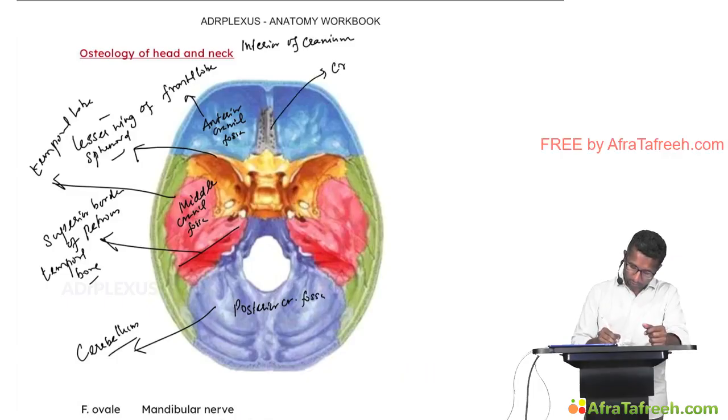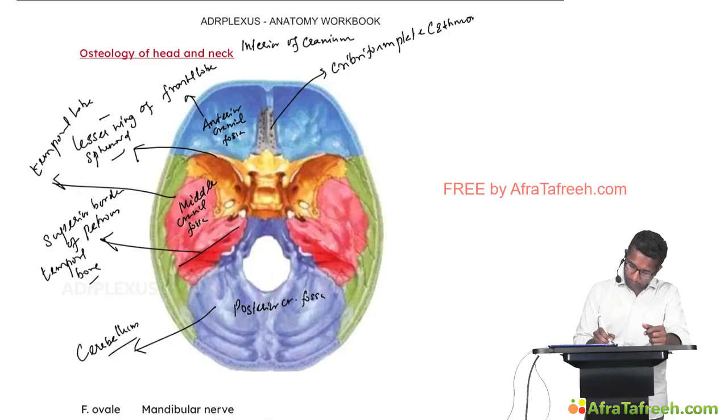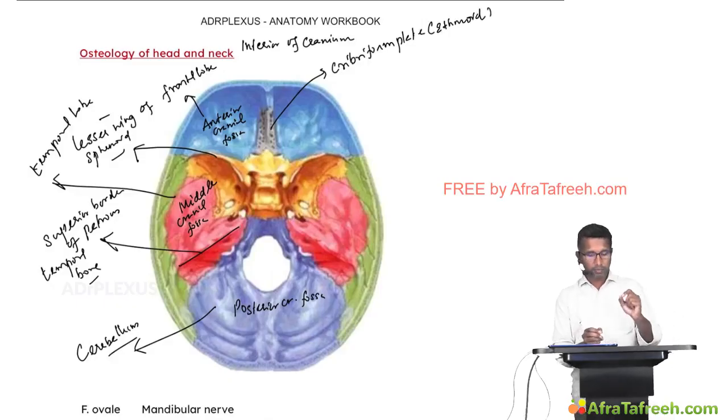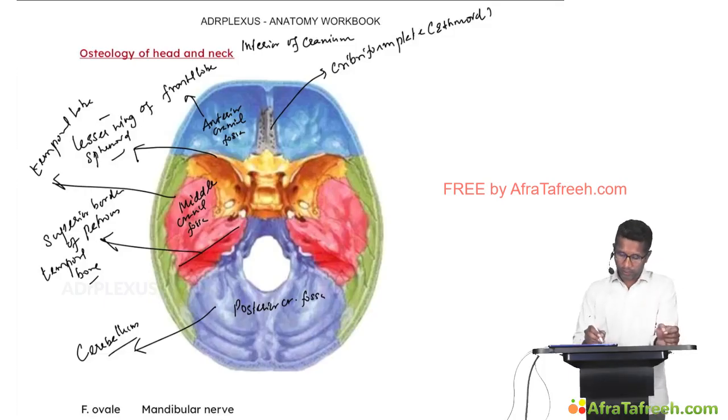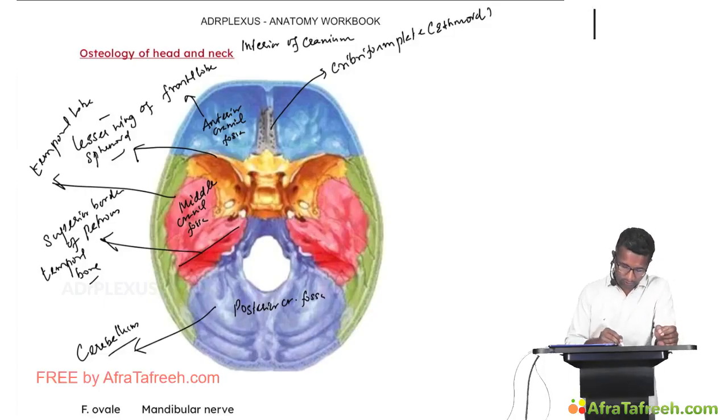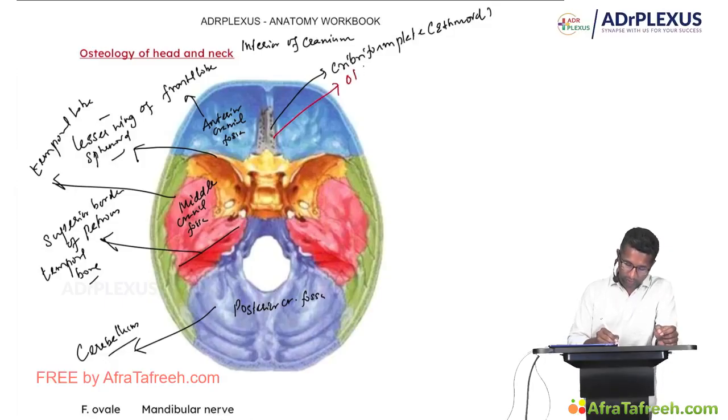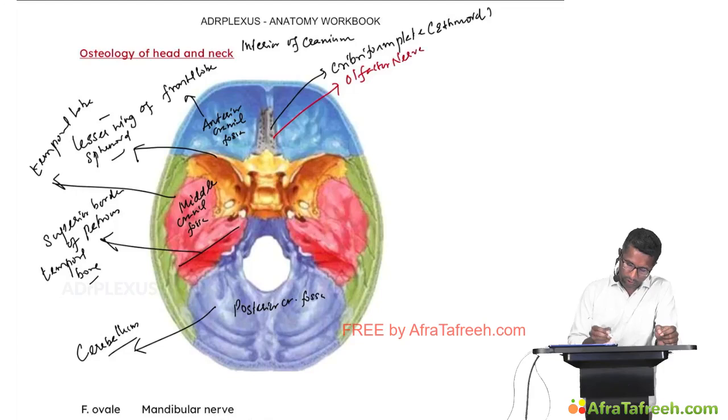This perforated bone is called the cribriform plate, and it is a part of the ethmoid bone. You see multiple perforations in it, and through them a lot of olfactory nerves come. So the structures passing through the cribriform plate are the olfactory nerves.